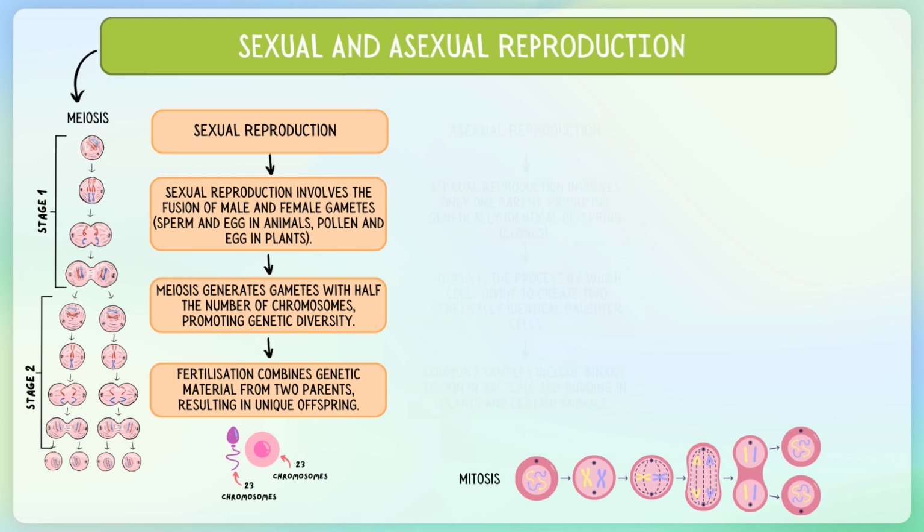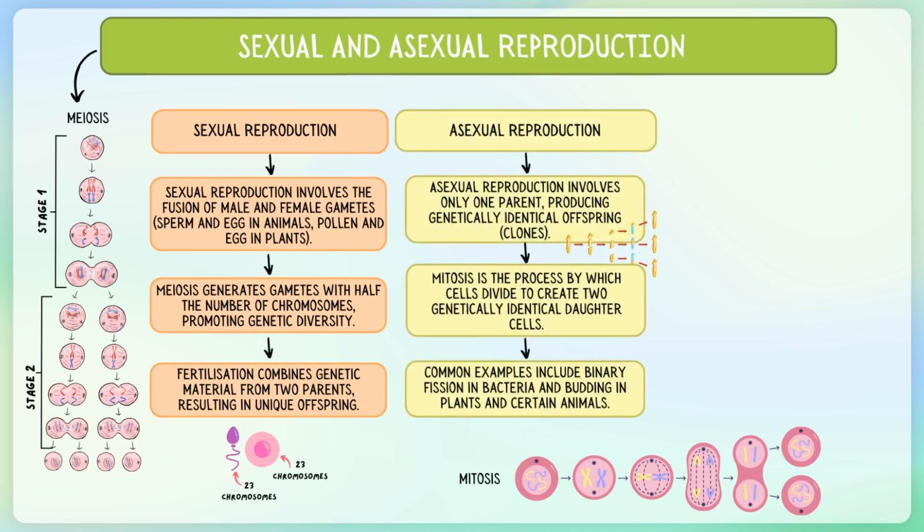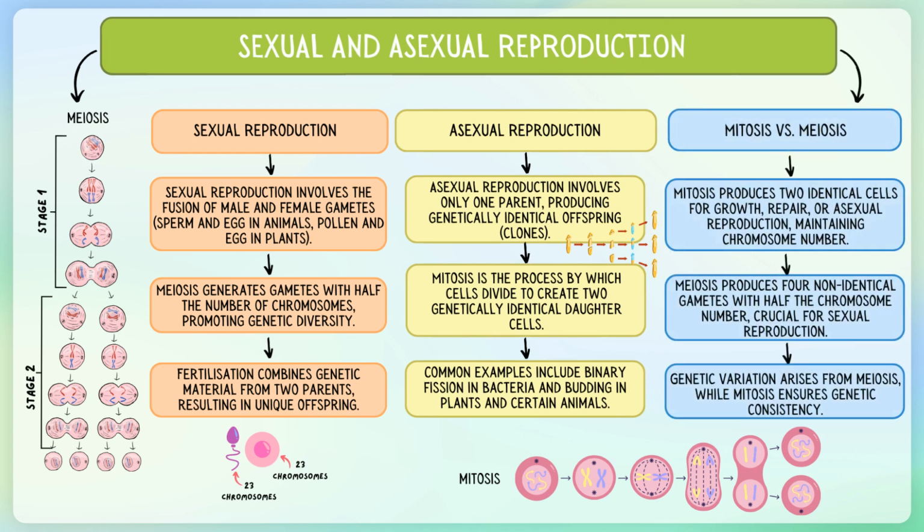In contrast, asexual reproduction involves a single parent and produces genetically identical offspring, or clones, through mitosis, a cell division process that maintains chromosome number and produces identical cells. We further learned that meiosis creates 4 non-identical gametes with half the number of chromosomes, promoting genetic variation, while mitosis generates 2 identical daughter cells. Understanding these processes is crucial for exploring genetic variation, inheritance, and evolution.